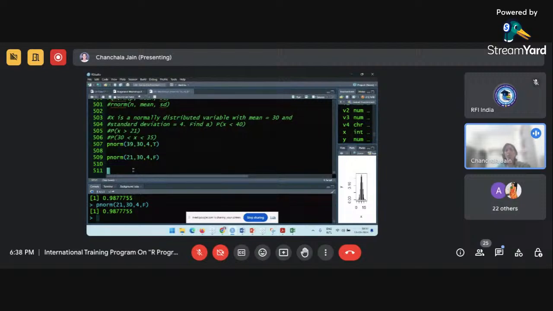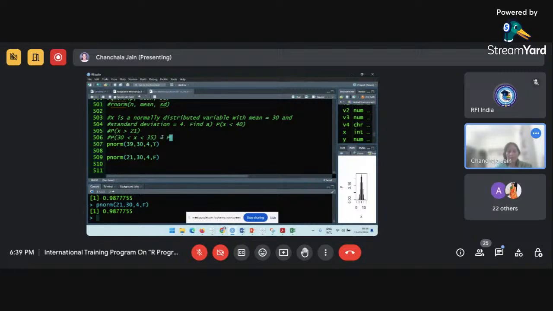You need to find the probability of x when it is lying between 30 and 35. One way is we can use dnorm with 31, 32, 33, 34 and add them. I'm suggesting, I don't know if it's correct or not. Anyone else? We can fragment this.